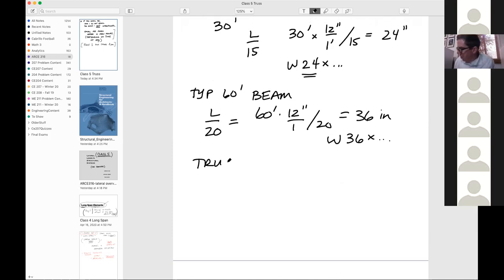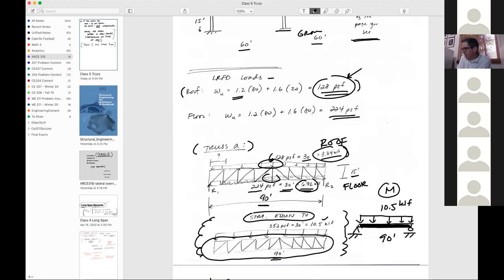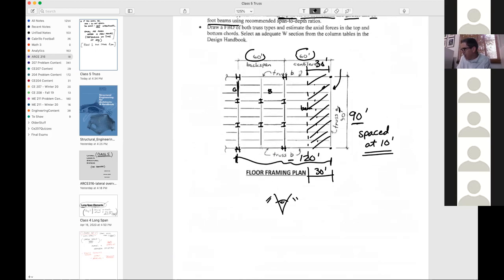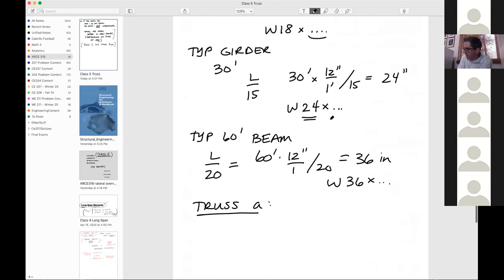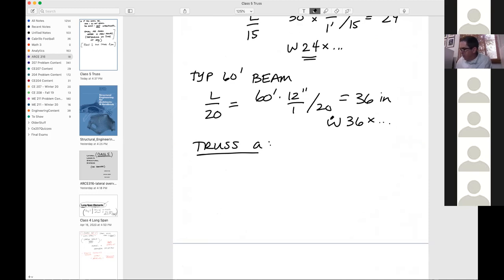We will do truss A. So let me go back to the framing plan up here. All right, so we're going to design that truss right there. We would end up with a free body diagram. So I'm going to go ahead and draw a truss.